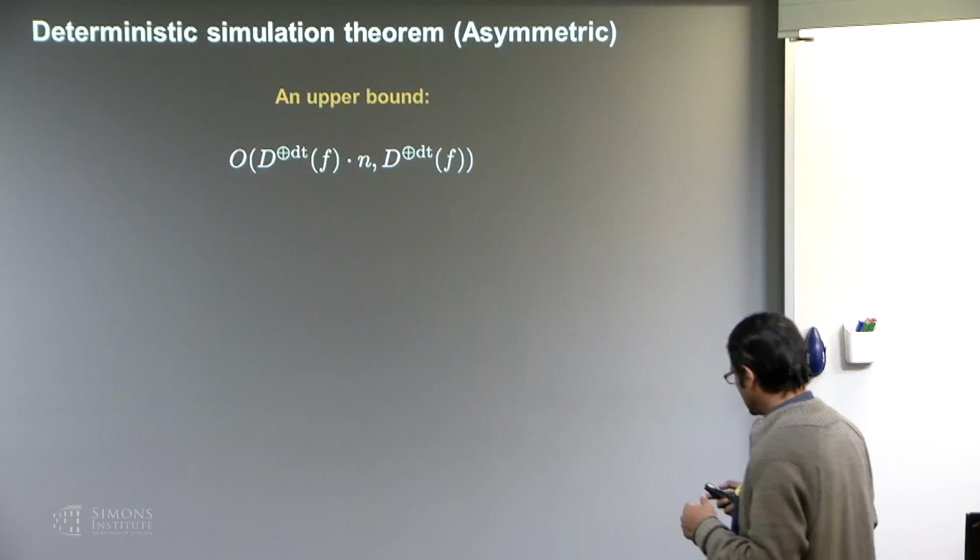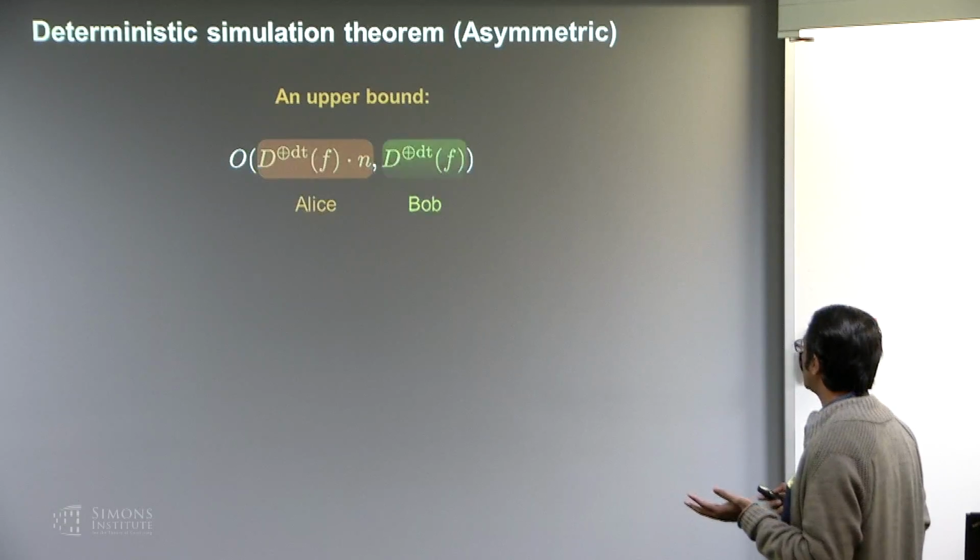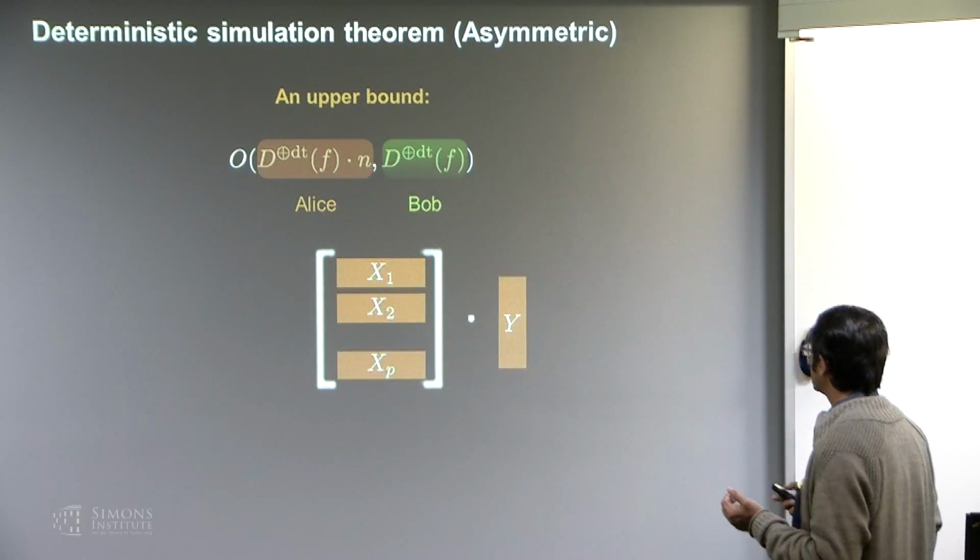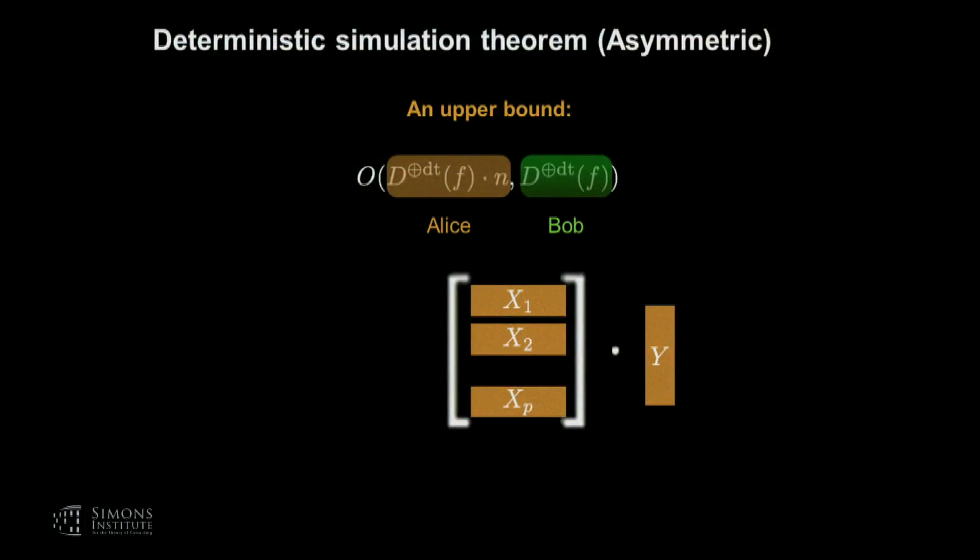And it's actually quite simple to see why this is the case, because of the fact that there is just one y. So Alice is given x1 through xp, Bob is given y, and now they want to use a purported parity decision tree that exists for f to solve this problem. So they would just simulate the parity decision tree.